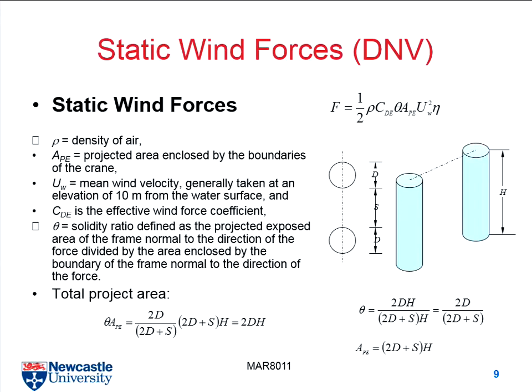But if you look at this case carefully, it doesn't make sense, because A is here, theta is here, and the product of them again will be 2DH, just the area. This case is quite simple, but imagine that you have a big structure with many components. This one is important, okay?